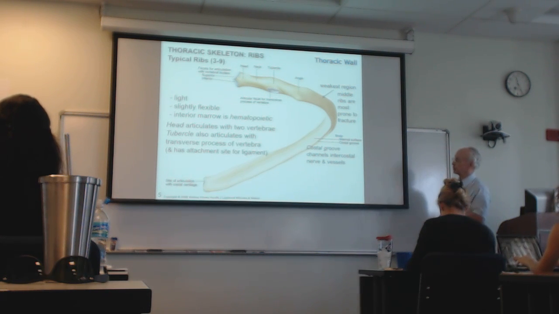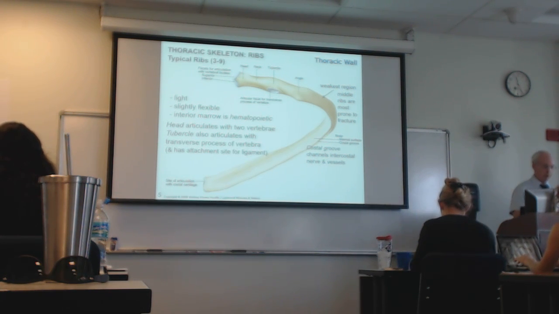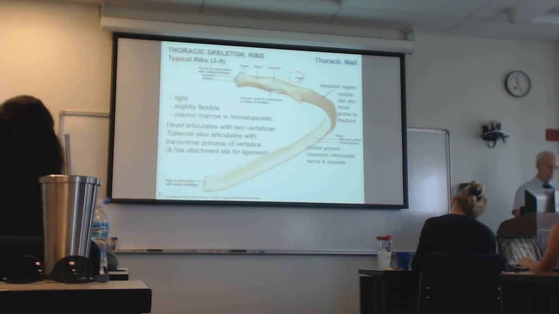You'll see, and this is not consistently named, a little inferior tuberosity where the rib begins to curve significantly. That's usually called the angle, although in some of the medical literature that you see online and that your patients will be reading, this region is called the angle. So I'm not sure what to tell you, but the proper anatomical description is here.